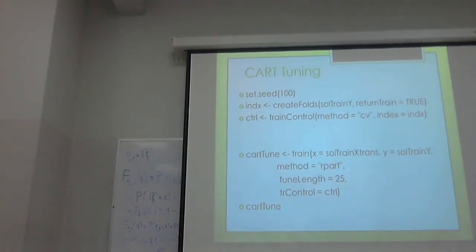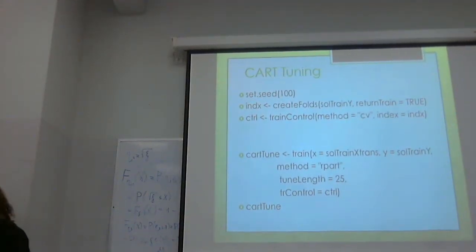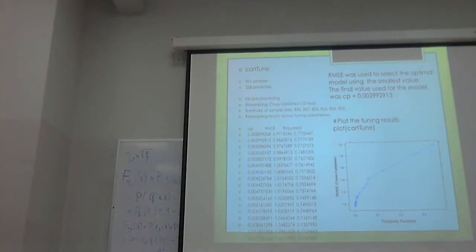Of tuning parameters, what's the best tuning parameter? The complexity parameter. Do you remember what the complexity parameter is? And what's the value of the complexity parameter? 0.00299, like this, right?